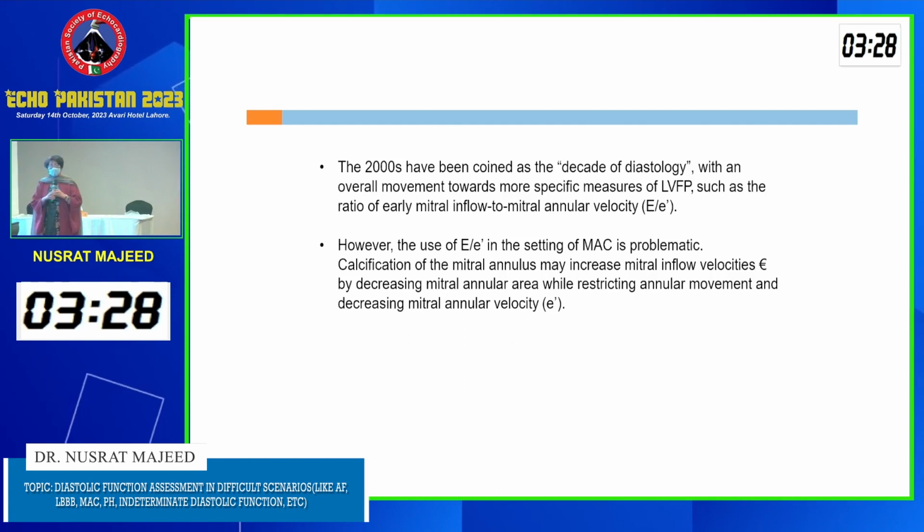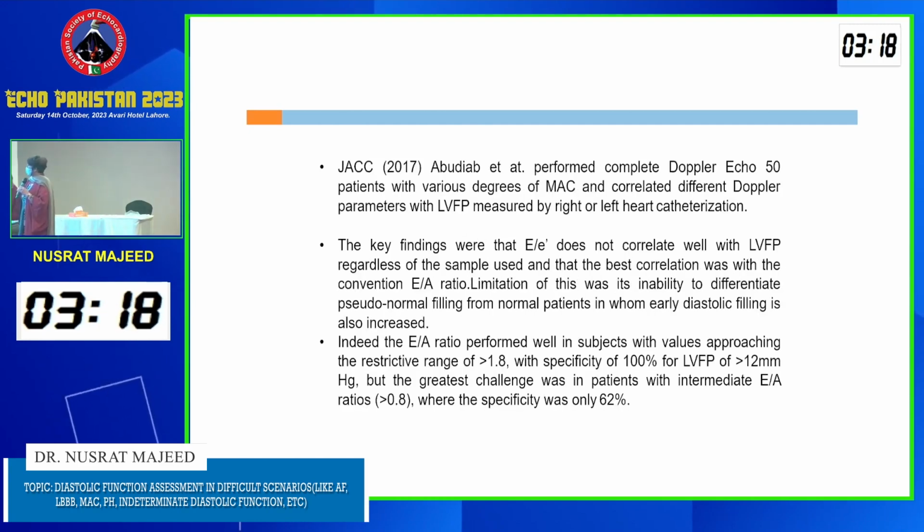Surprisingly, the classical E/A velocity correlated better with cases of MAC than E/E dash. The problem here was that since the base is calcified, blood will run through a narrowed area. The annulus area becomes narrow, and because of thickness, mitral annular velocity becomes lower. So you will see a pattern somewhat like pseudonormal.